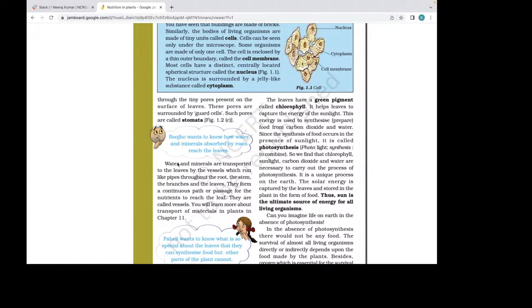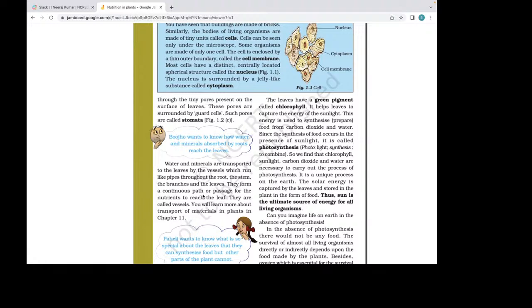So, this water and mineral are transported to the leaves by the vessels which run like pipes throughout the root, stem, the branches, and then the leaves. They are first absorbed by the root, then it's like a pipe, the vessel, then they reach the stem, then the branches of the tree, and then the leaf.